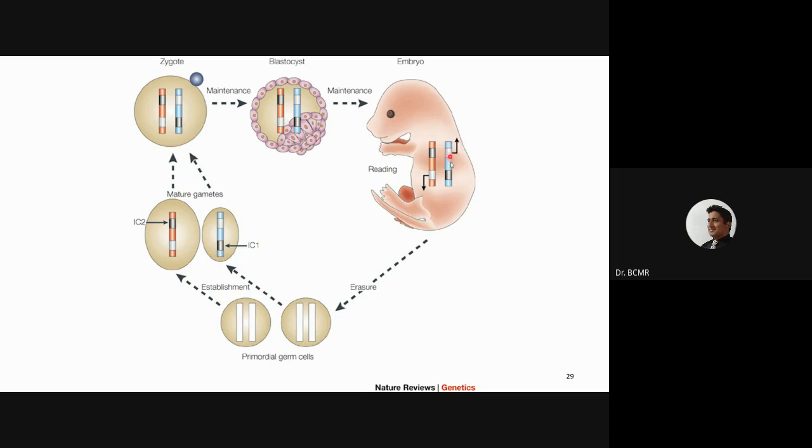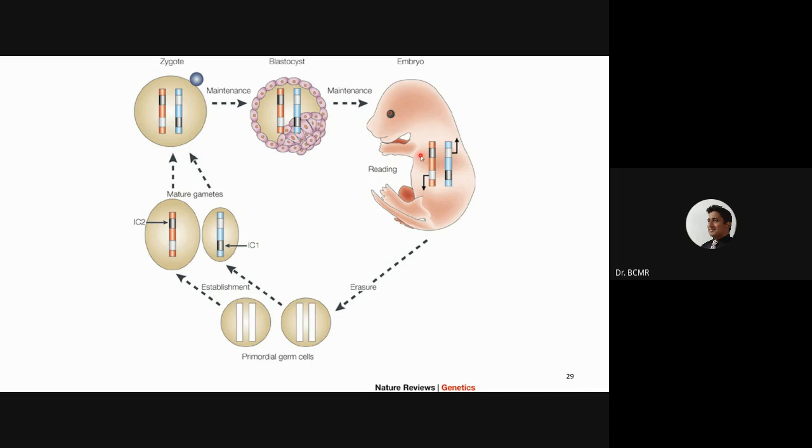This is the paternal allele because it's coming from the sperm, right? This will be the maternal allele because it's coming from the egg. So if you see here, the IC2 is expressed from the paternal allele and IC1 is expressed from the maternal allele. So there will be one-time expression of IC2 and one-time expression of IC1, right? It's kind of complementing.